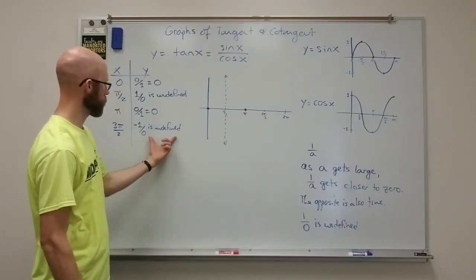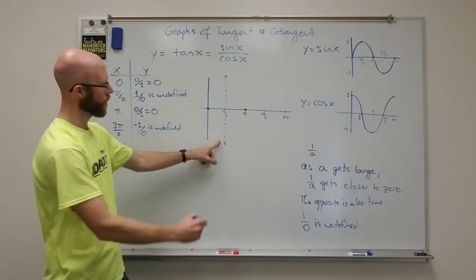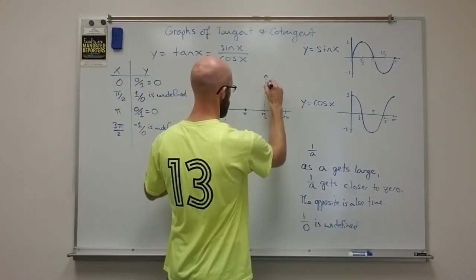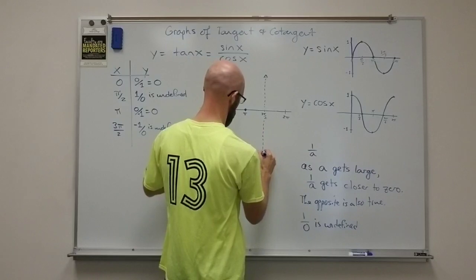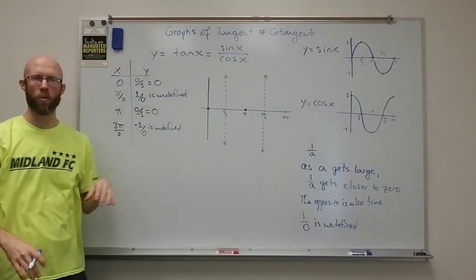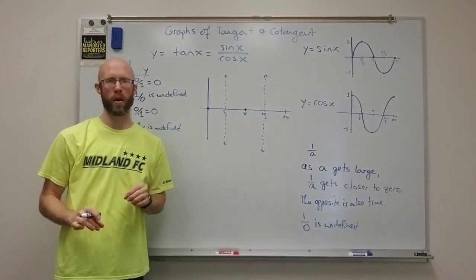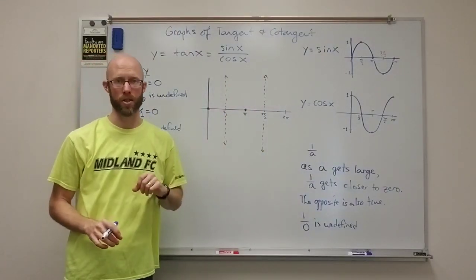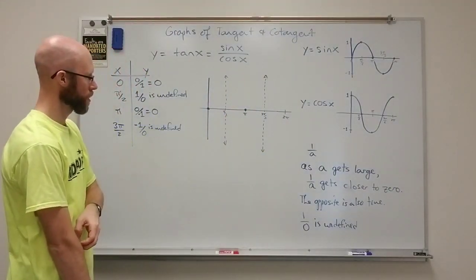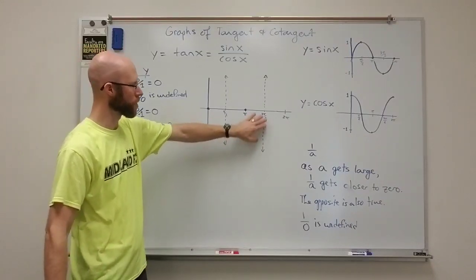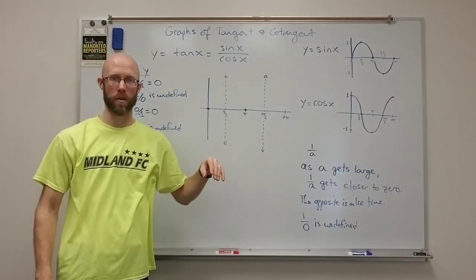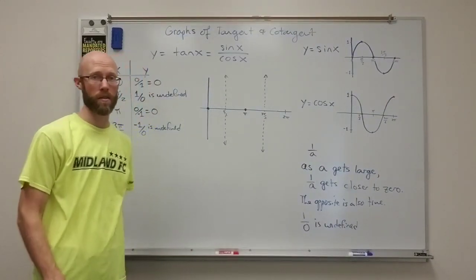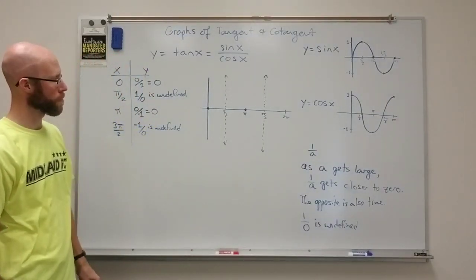And so just like before, I'm going to go ahead and sketch in a vertical line there because I don't want to draw a point on that spot anywhere above or below 3 pi over 2. If I drew a point on that line somewhere, that would mean there is a defined value, and here there's no defined value, so we have to leave that blank.